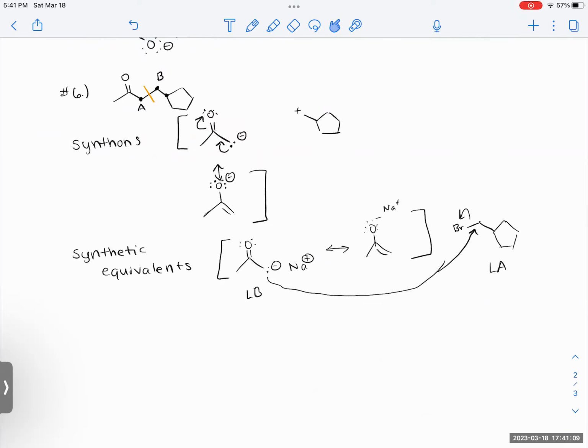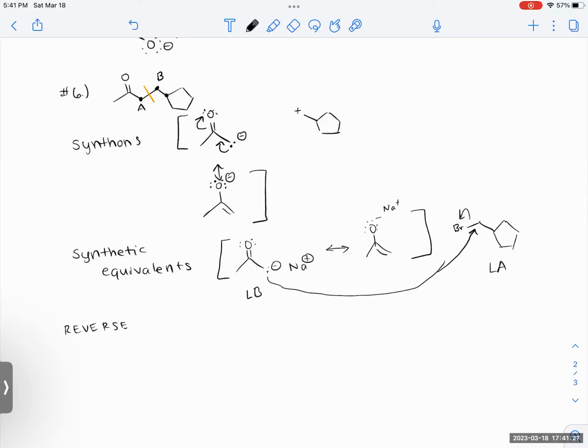Okay, now we are going to talk about reverse SN2 reactions. On these, they don't give you where the bonds are breaking. You kind of have to use what you know now to figure that out.